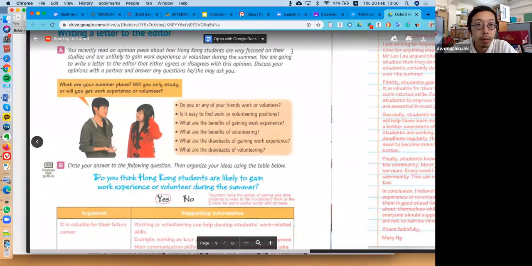So, number one, Hong Kong students are very focused on their studies and are unlikely to gain work experience, okay, or volunteer during the summer.